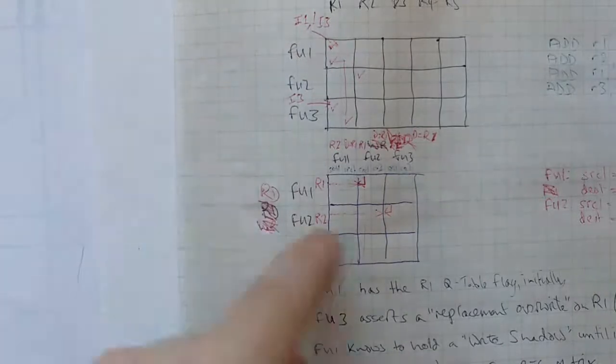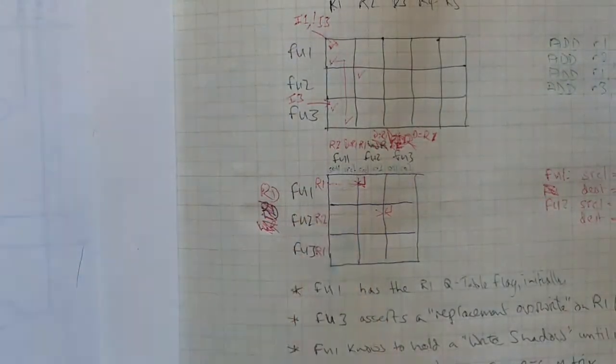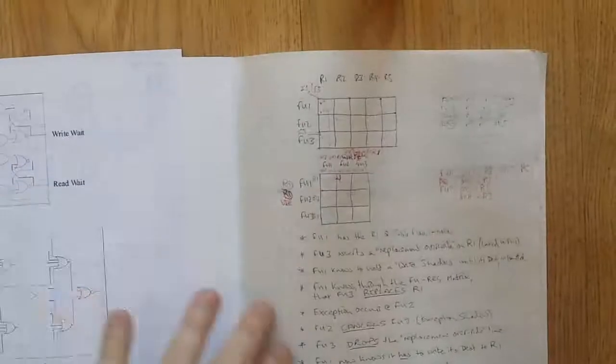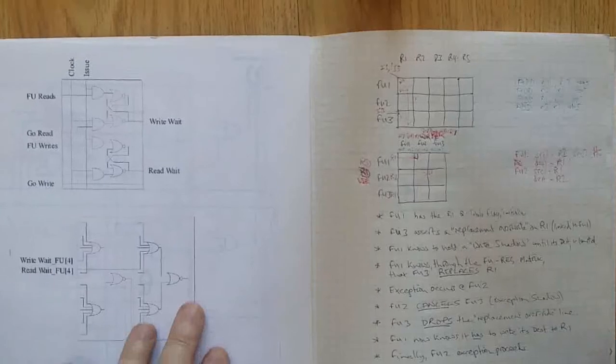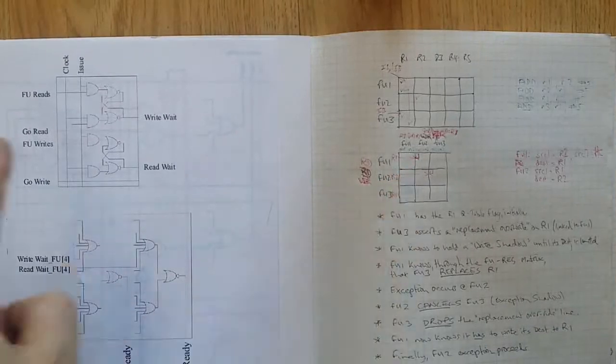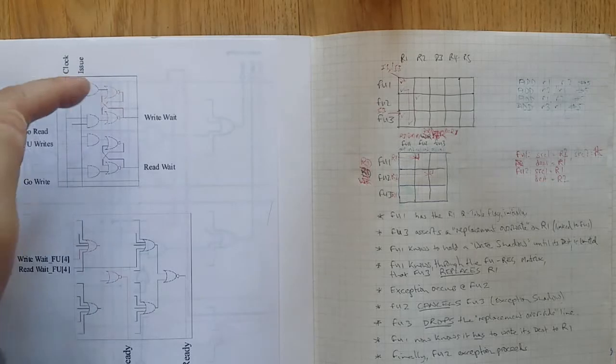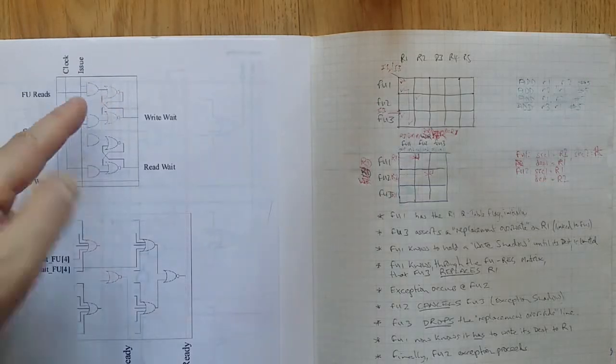So in the original 6600 design, you have, in each of these cells, an indication that the function unit requires a read, which will latch this.